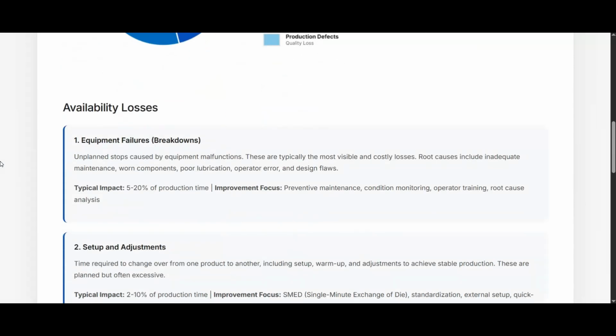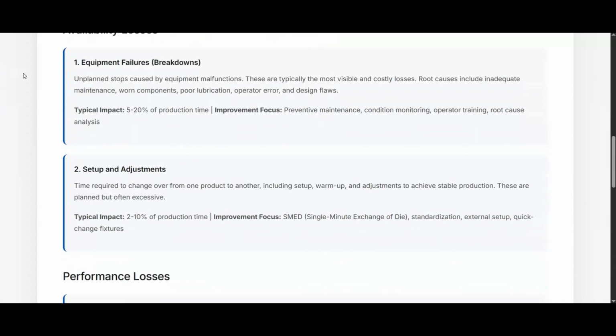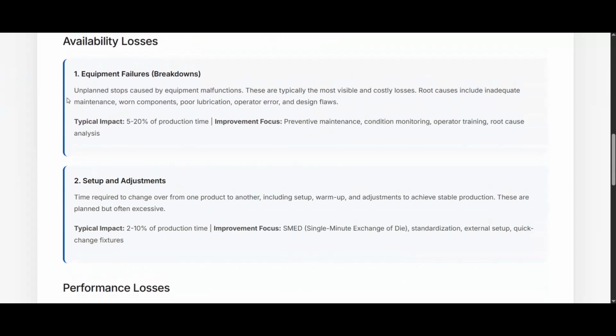Let's look at this. The first one here, equipment failures or breakdowns. This is usually the most visible and costly. These are unplanned stops caused by things like worn parts, poor lubrication, operator mistakes, or design flaws.